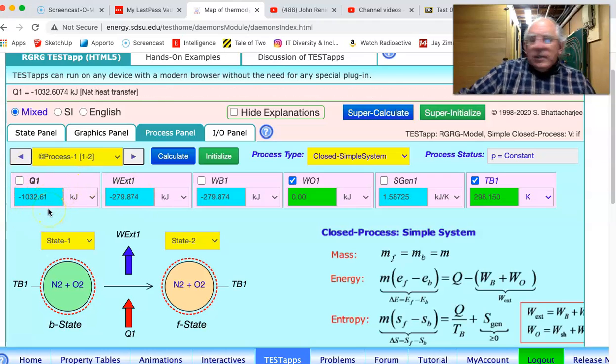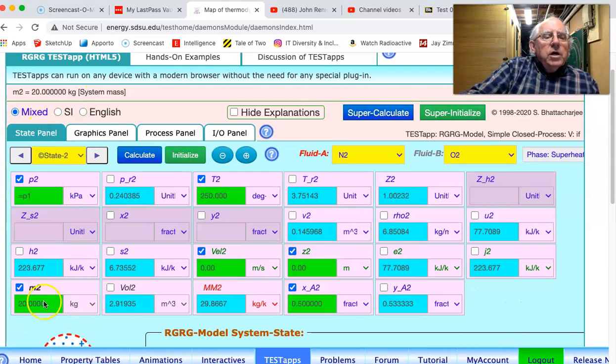In this case, we're seeing a heat transfer of 1,032, and so we are seeing about 60 or so additional kilojoules as we go from state 1 to state 2.